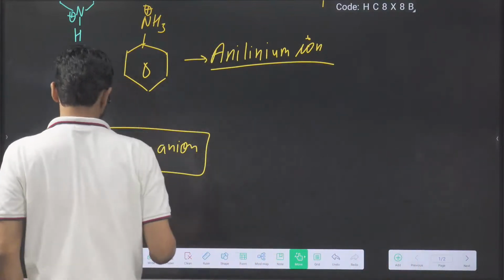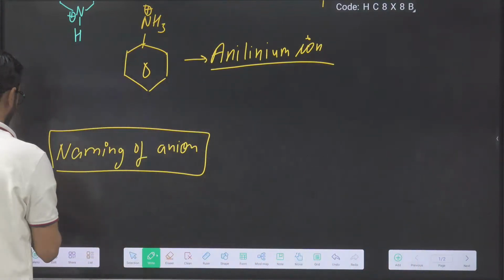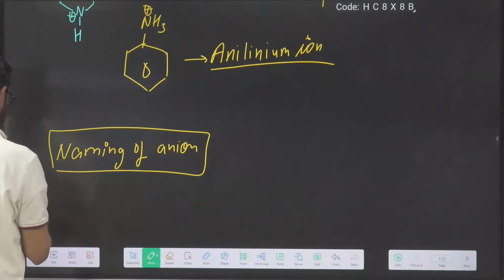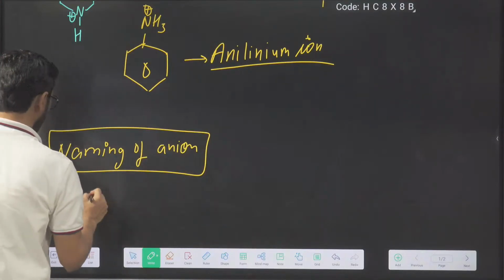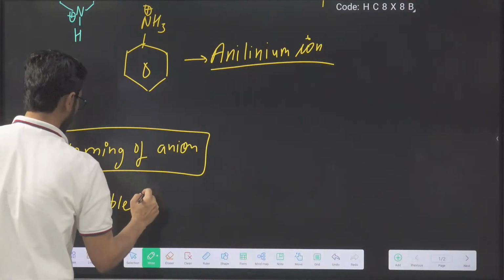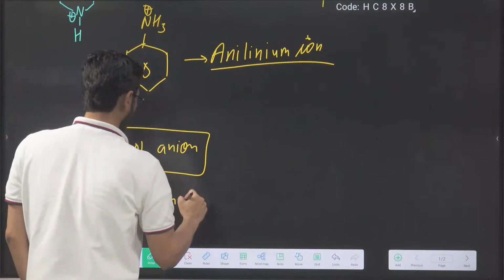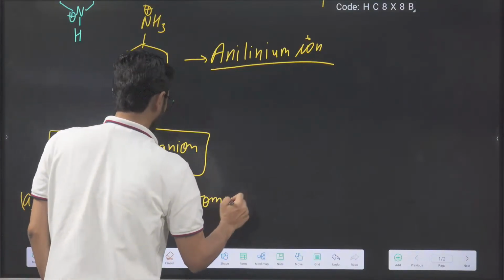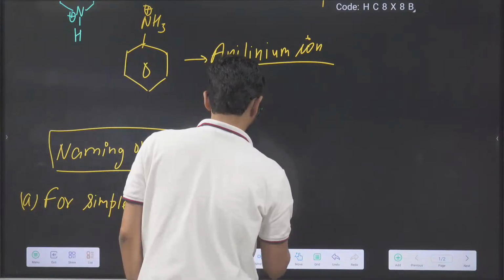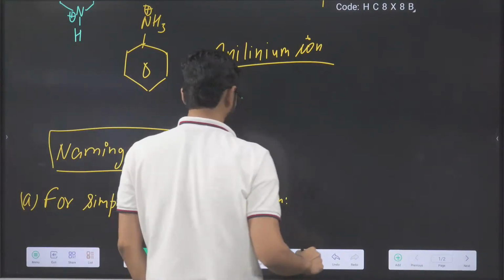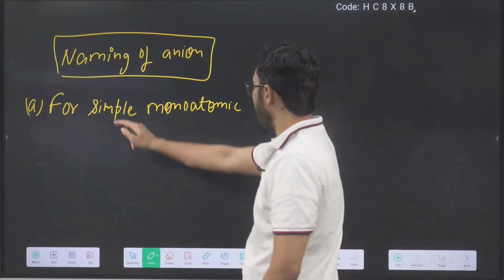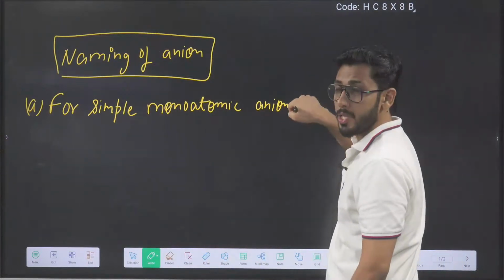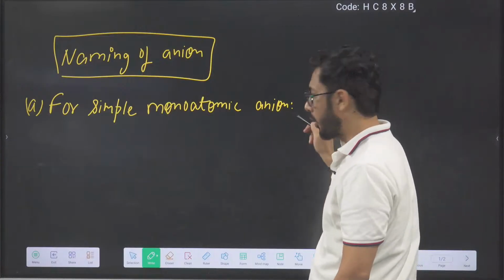Now after the naming of cations, next we talk about naming of anions. Naming of anion: first will be which anion? Simple monoatomic anion.